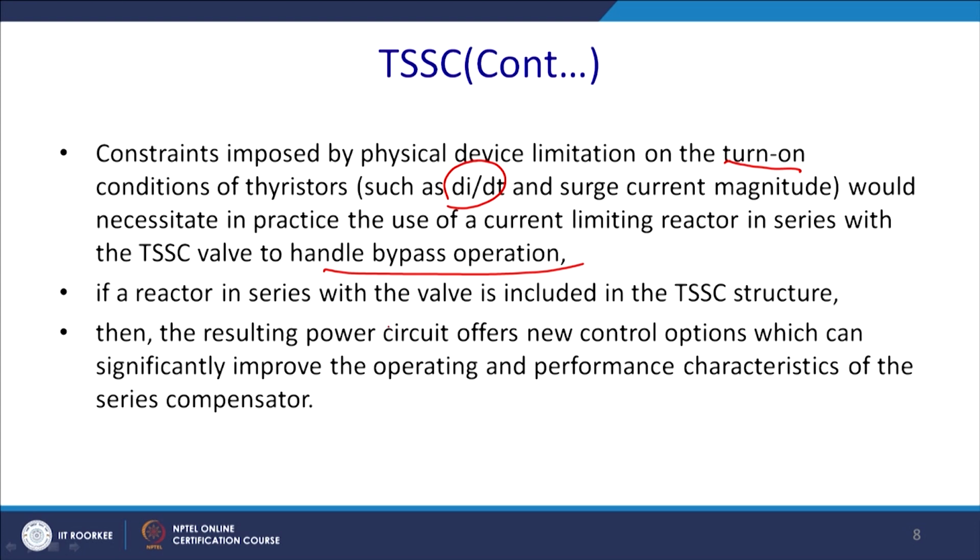If a reactor in series with the valve is included in the TCSC structure, then the resulting power circuit offers new control operation which significantly improves the operation and the performance characteristics of the series compensator. So, it is advisable to put a series reactor with TSSC.